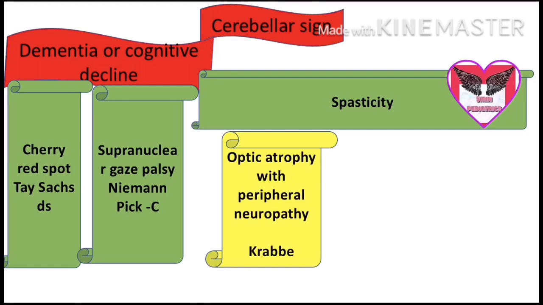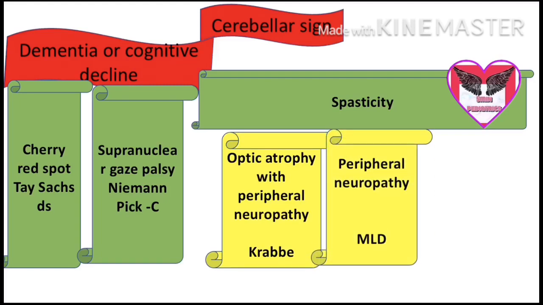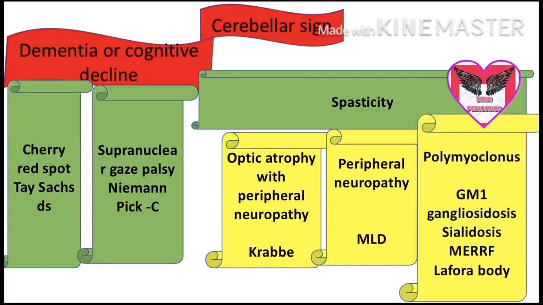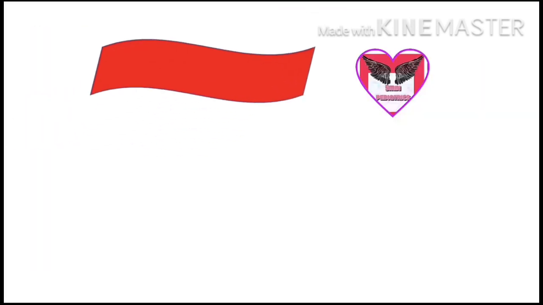If only peripheral neuropathy is there, then the diagnosis would be MLD, metachromatic leukodystrophy. Okay. If there is polymyoclonus with spasticity with dementia with cerebellar sign, then we have differentials as GM1 gangliosidosis, sialidosis, MERRF, then Lafora body, etc.